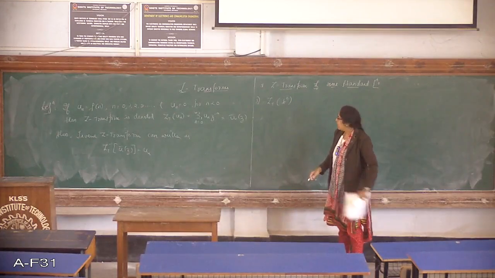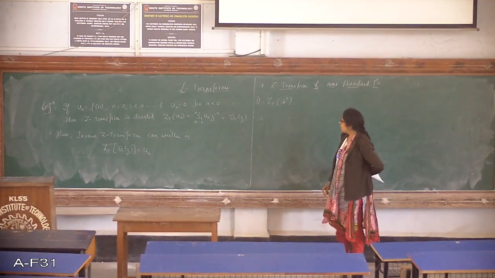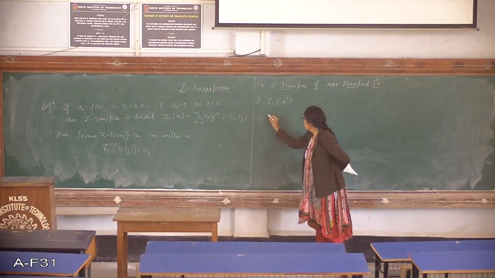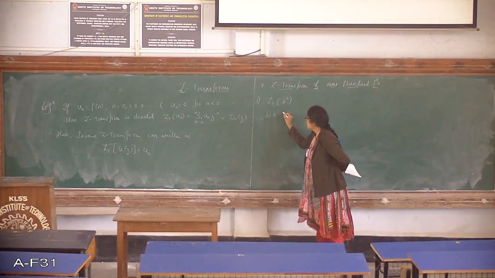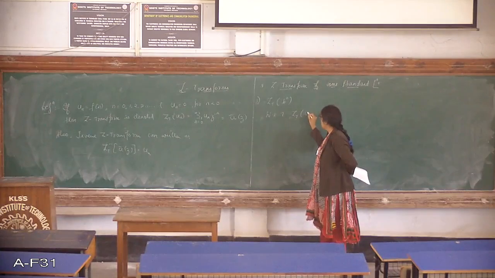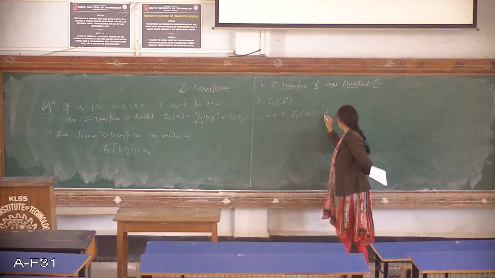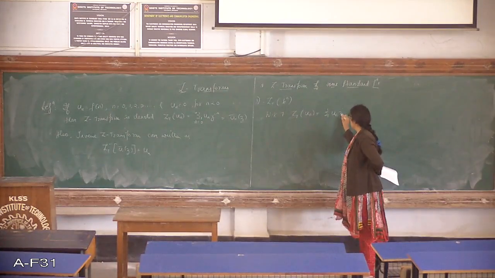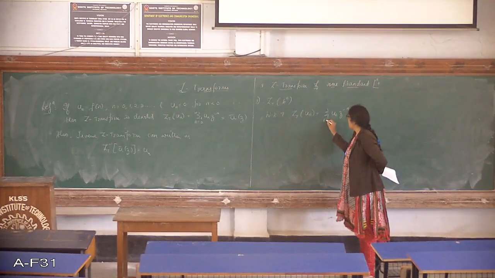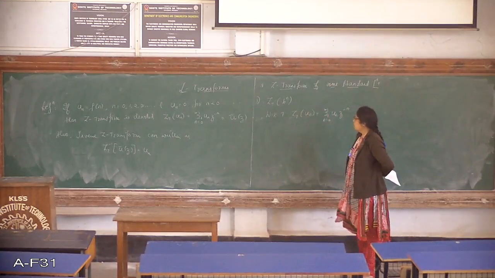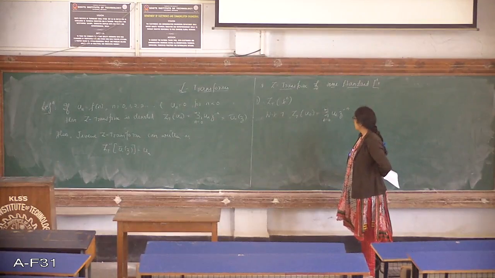Now let us make use of the basic definition of the Z transform. We very well know that Z transform of u_n is given by the summation of u_n z raised to minus n, n ranges between the value 0 to infinity, discrete values.